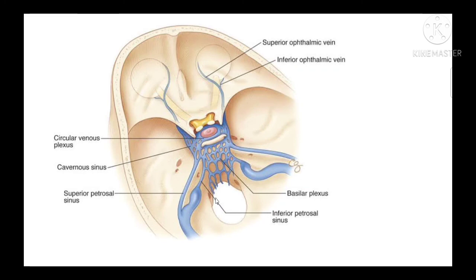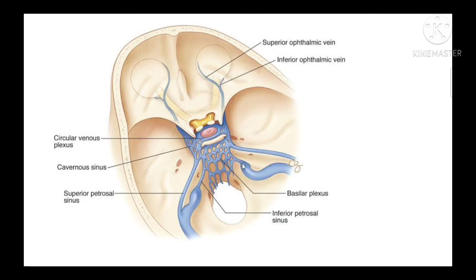Later we have the superior petrosal sinus and the inferior petrosal sinus. The superior petrosal sinus, you can see here, goes along the superior border of the petrous part of the temporal bone, and the inferior petrosal sinus goes in the posterior inferior part of the cavernous sinus and goes oblique, inferior and lateral.